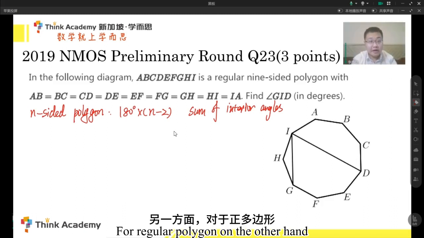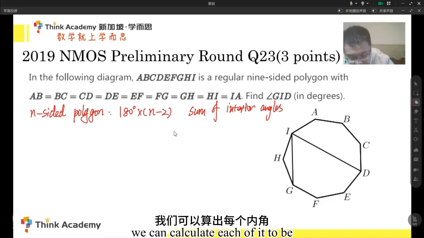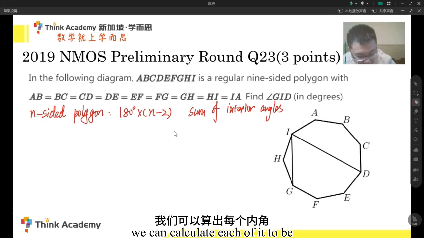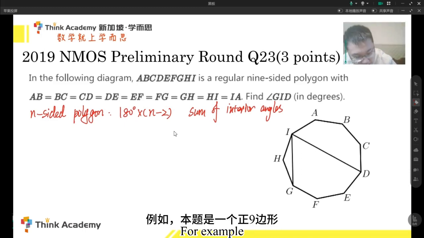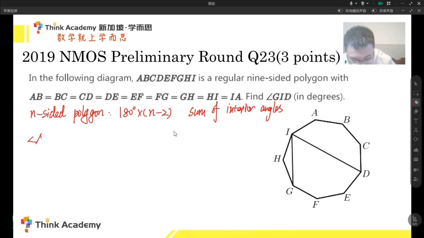For a regular polygon, on the other hand, as all its interior angles are the same, we can calculate each of them. For example, in this kind of question, this is a 9-sided polygon. So each of the interior angles such as A, B, C, H, I, right?